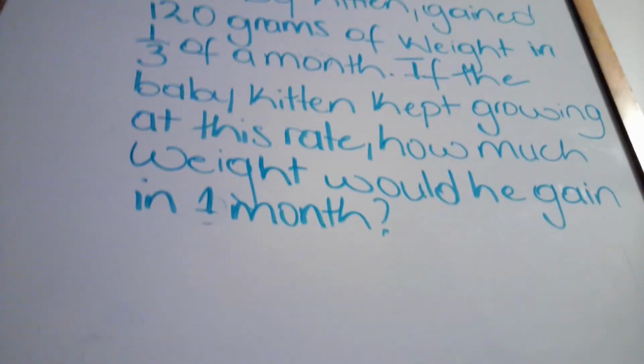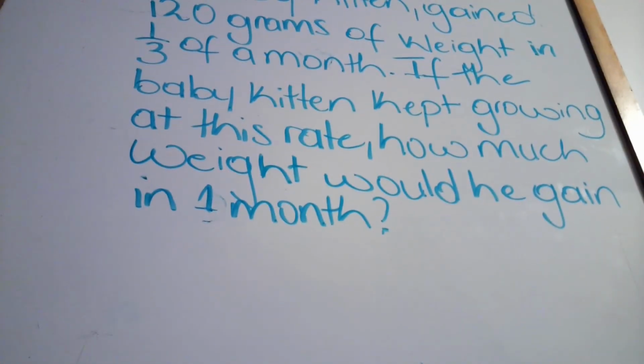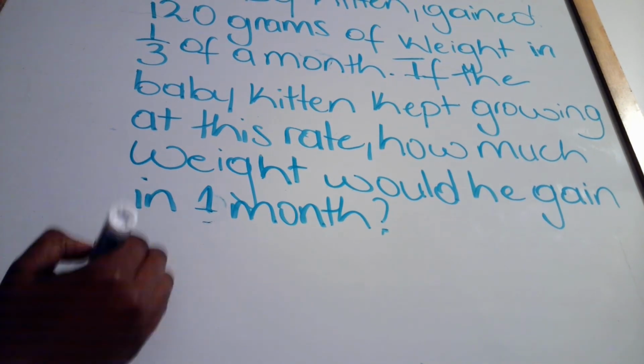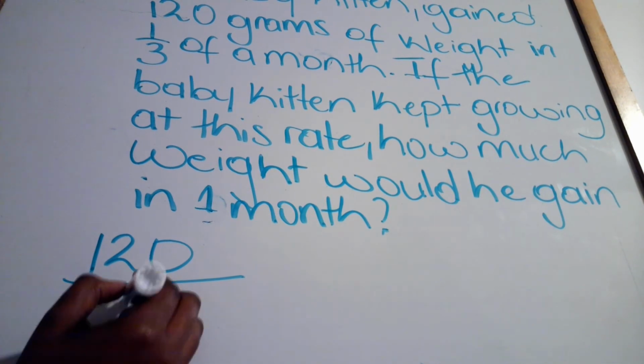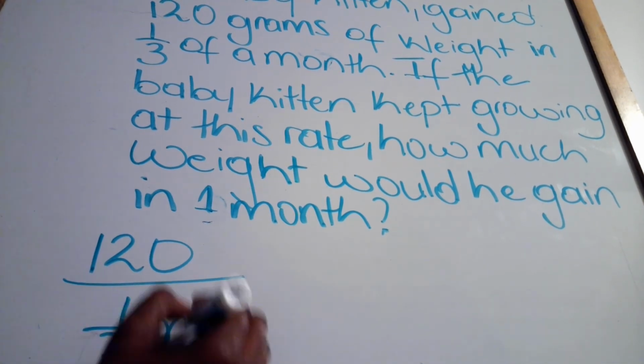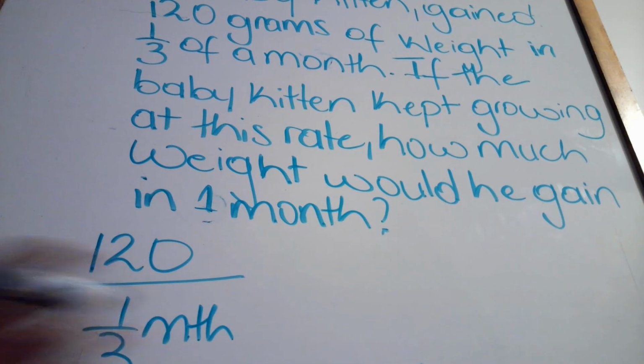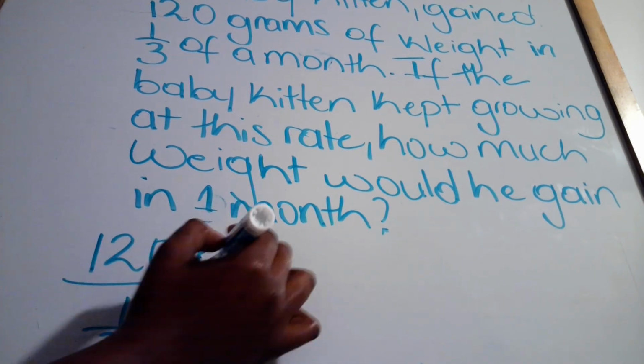So if we write this as a ratio in fraction form, it will be 120 over 1/3 month. I write MTH for month, and this is gram.